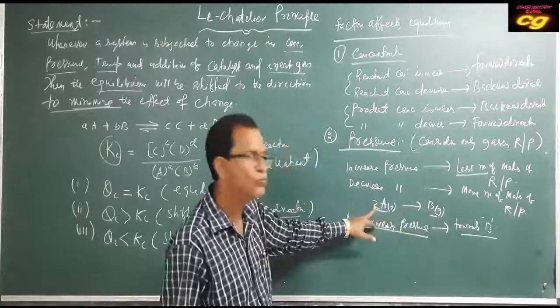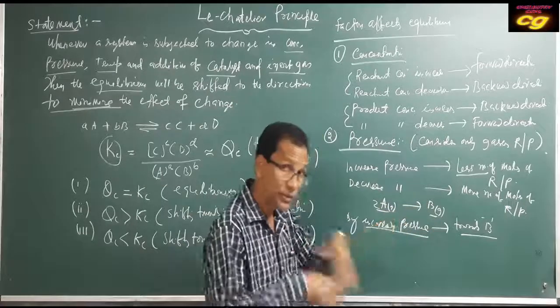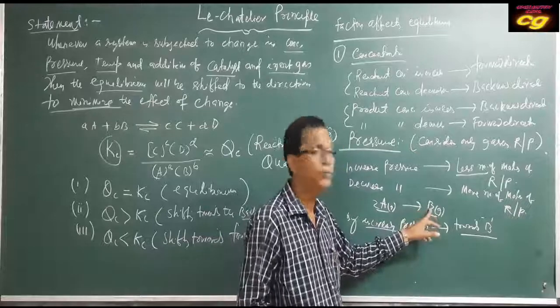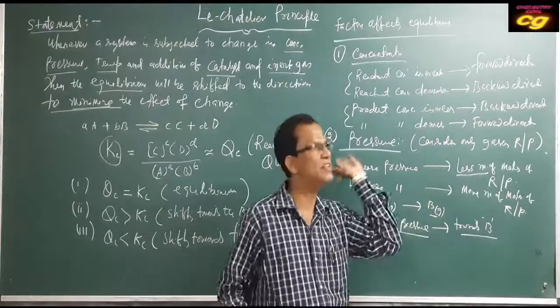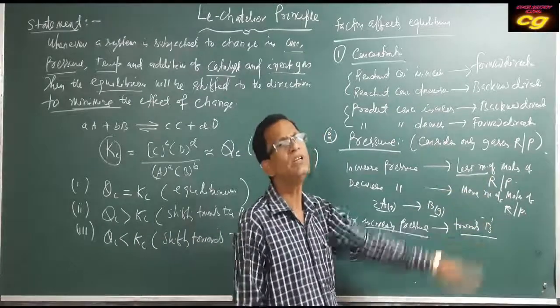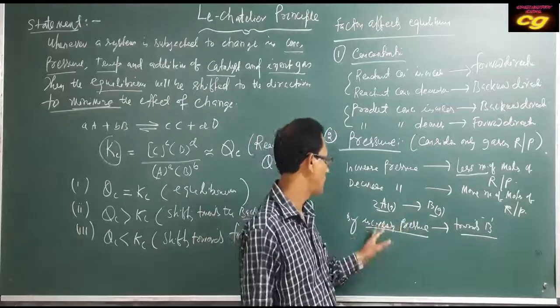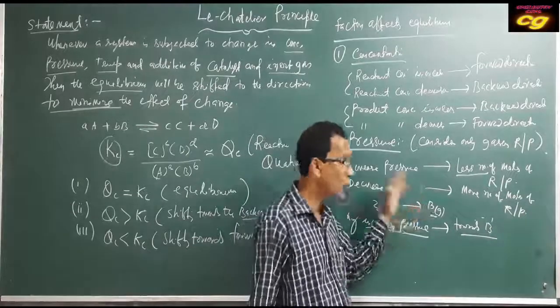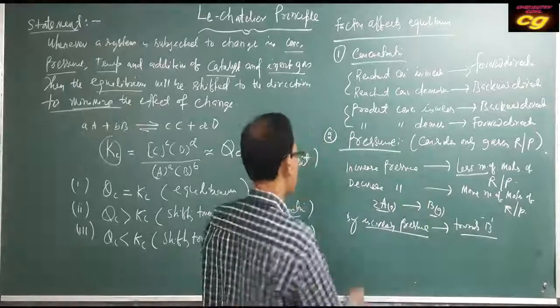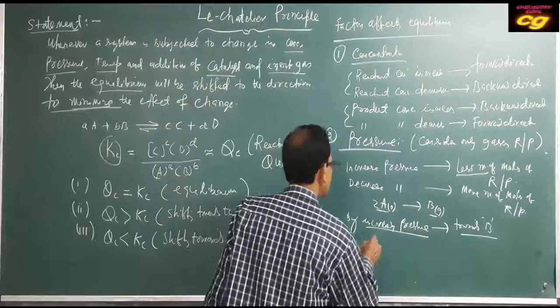Compare: this side has 2 moles, this side has 1 mole. As the pressure is increased, the equilibrium shifts towards the side with fewer moles. That's why by increasing pressure, more amount of B will be formed.